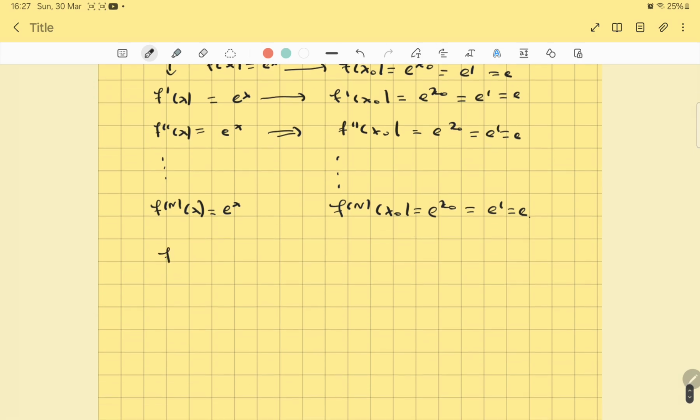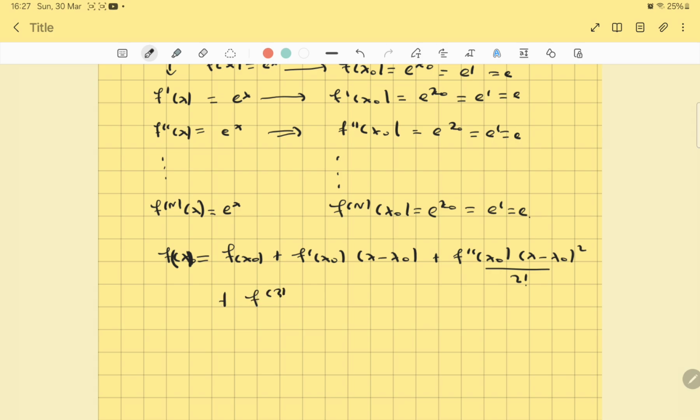Okay, now I go and I write my Taylor series. f of x equals f of x naught plus f prime of x naught times x minus x naught plus f double prime of x naught times x minus x naught to the power of 2 over 2 factorial plus the third derivative evaluated at x naught times x minus x naught to the power of 3 over 3 factorial plus the nth order derivative at x naught over n factorial times x minus x naught to the power of n.